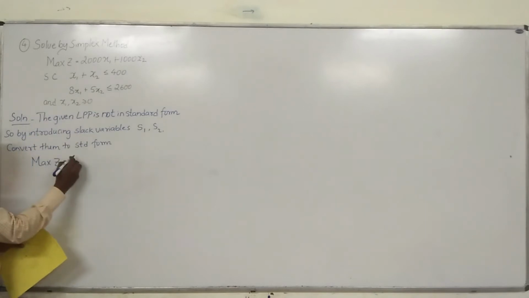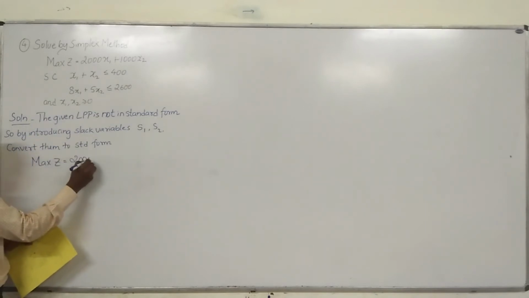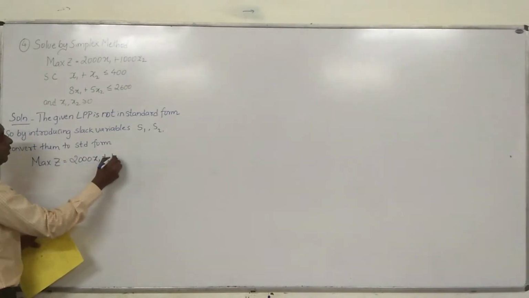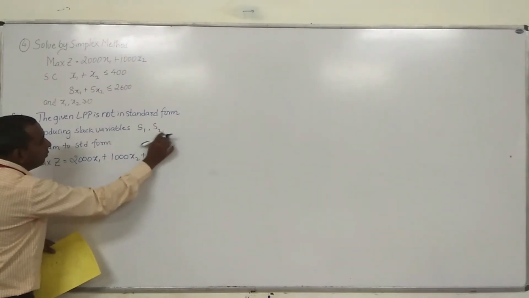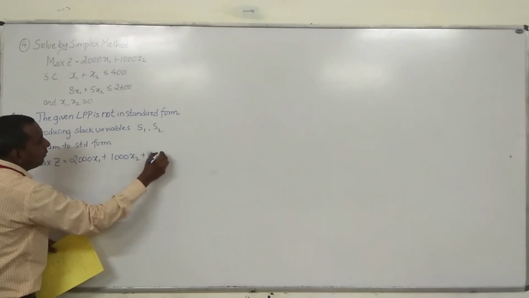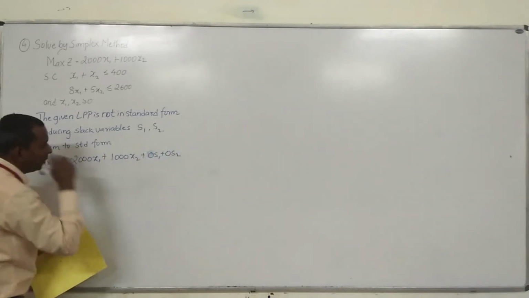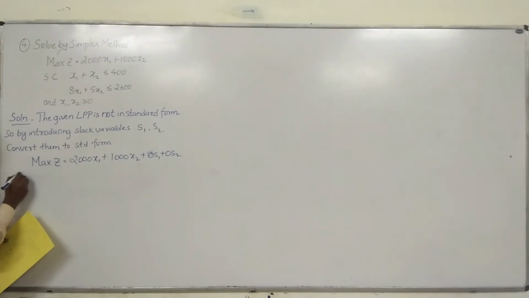Max z is equal to 2000 x1 plus 1000 x2 plus 0 s1 plus 0 s2. Fine.